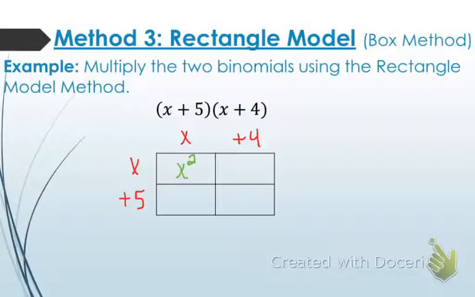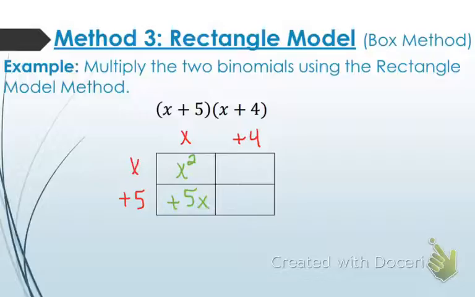Next I'm going to use this rectangle. Remember, the dimensions are x times 5. So this times this gives us a positive 5x.